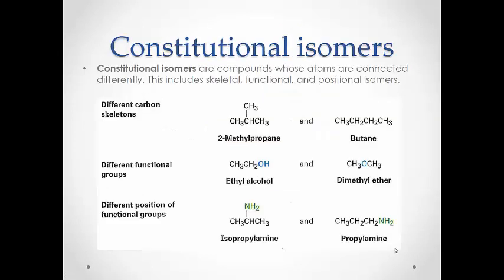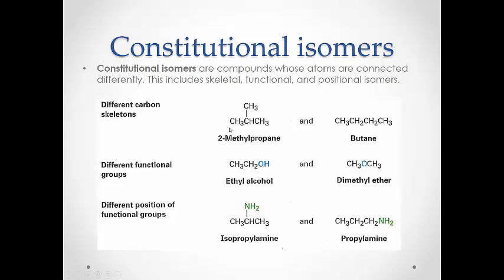So here are your constitutional isomers. What I mean here is that you could have the same number of carbons, so 1, 2, 3, 4 carbons, and 10 hydrogens. You can have it as a 2-methylpropane, or you can have it as butane. So you can have those 4 carbons and 10 hydrogens arranged in different ways. And the way that you know that they're constitutional or structural isomers of each other is you try and name them.